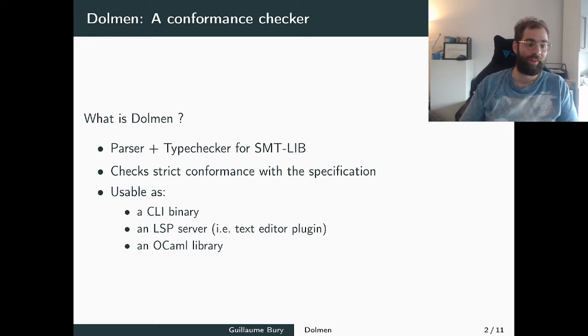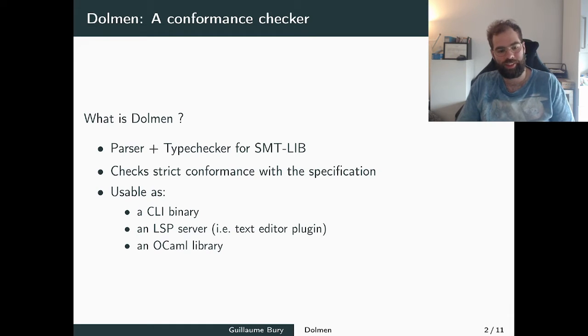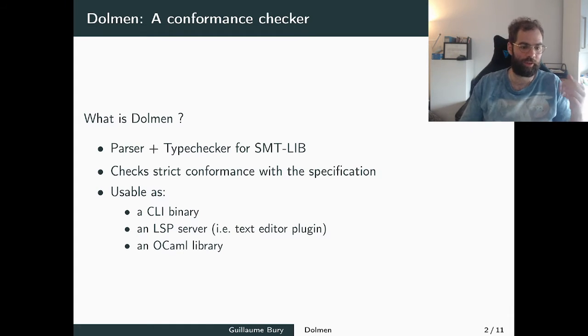And Dolmen, as a parser and type checker for SMTLIB, is available in three different ways. First is a command line binary, so you can call Dolmen on a file just like you would call a prover on a file.